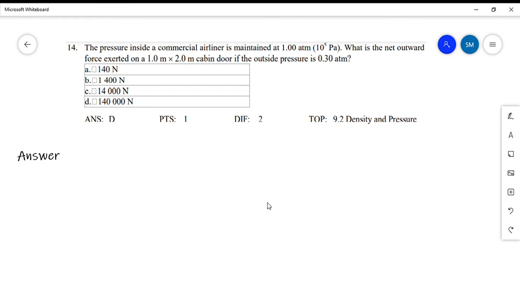The pressure inside a commercial airline is maintained at 1 atm, which is equal to 10^5 Pascal. What is the net outward force exerted on a 1 meter times 2 meter cabin door if the outside pressure is 0.3 atm? Very easy question. The net pressure is equal to the pressure inside minus the pressure outside.